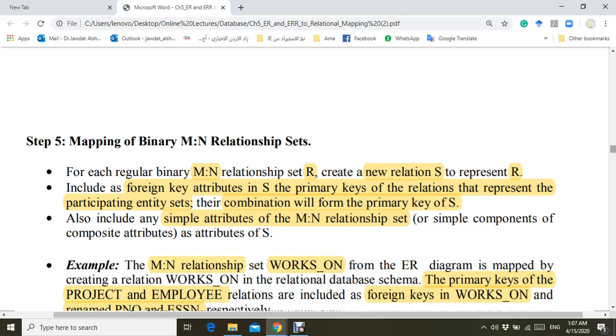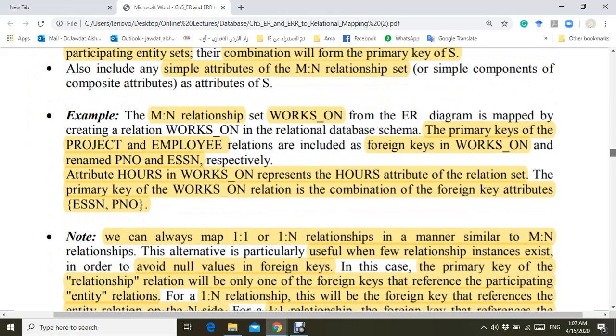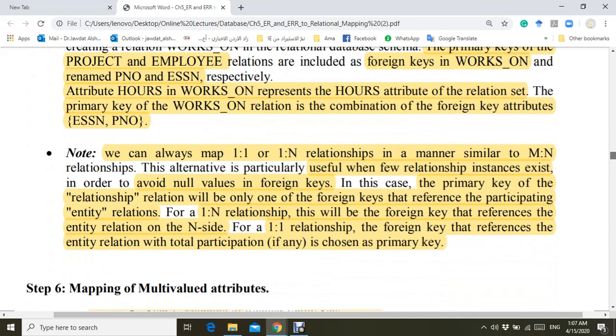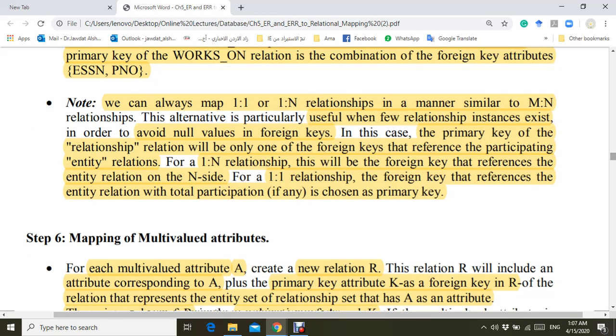So this is how we map the many-to-many relationship, and here you go, examples. We explained them last time. Of course, there is a note here: you can also make one-to-one and one-to-many into separate relations too. So you have the choice for one-to-one and one-to-many to make them separate relations with the keys from the relations in the relationship between them.